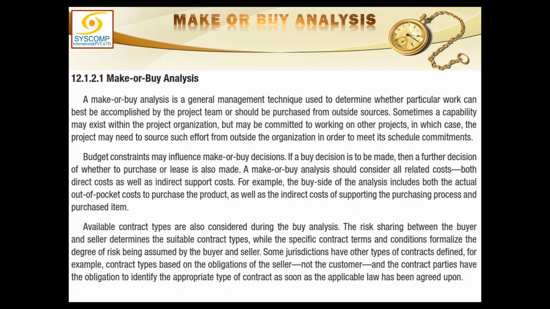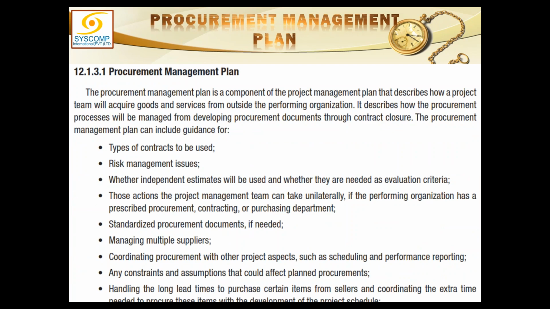Either you are not capable of doing it, or you do not have capacity to do it, or the thing is too risky. So whatever the matter is, ultimately if you decide that this is the job or the group of activities which is to be subcontracted, then this is your make or buy decision. Based on this make or buy decision, we will later on develop the statement of work and then the procurement documents.